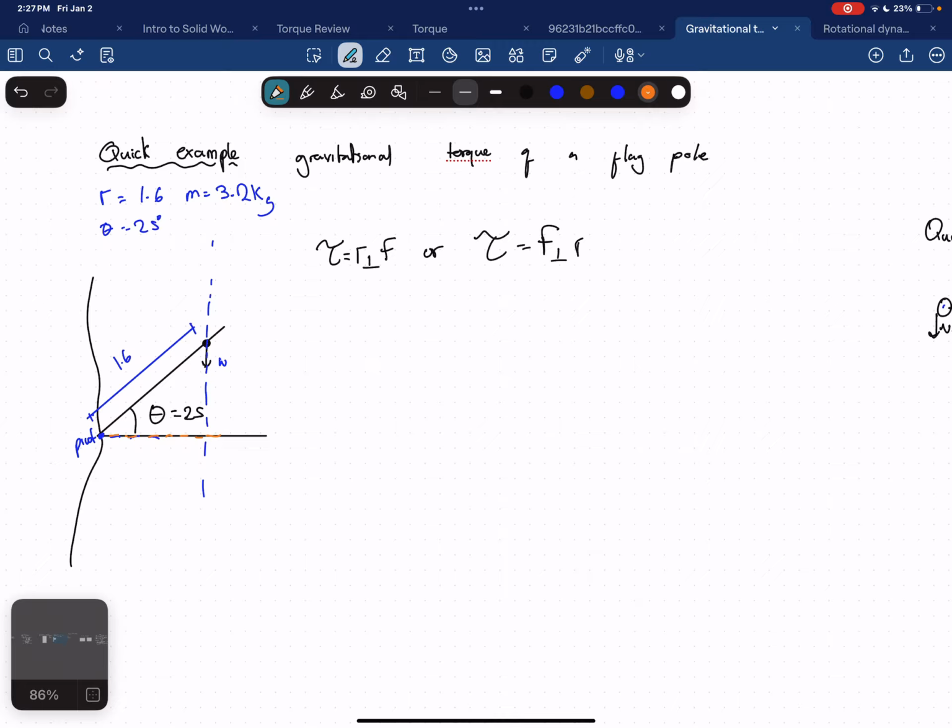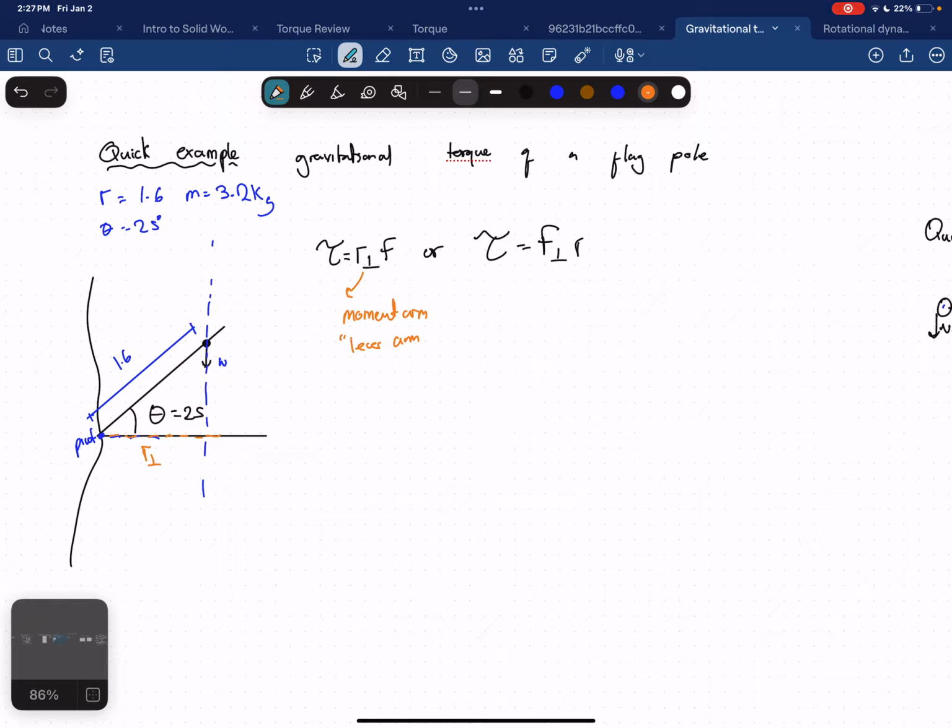And this is my r perpendicular, or my moment arm, also called the lever arm. So now I can calculate my torque.